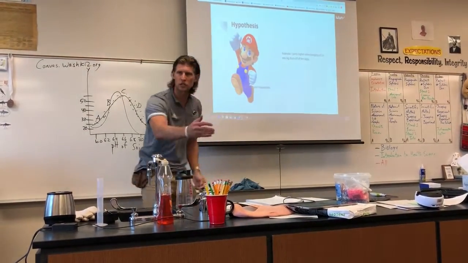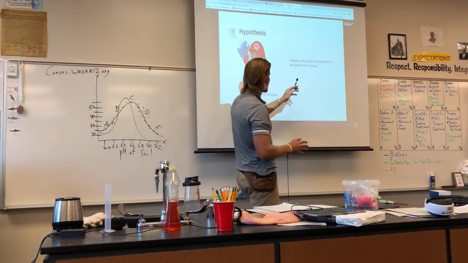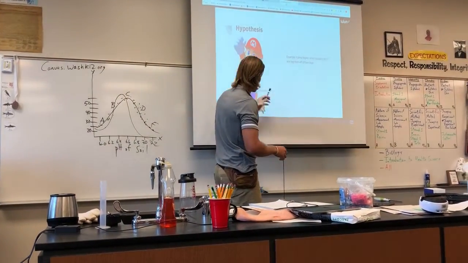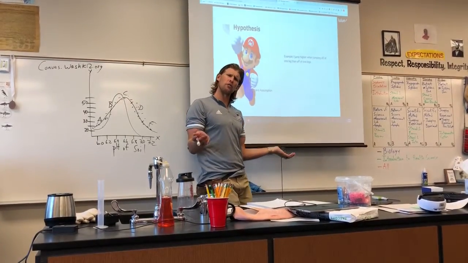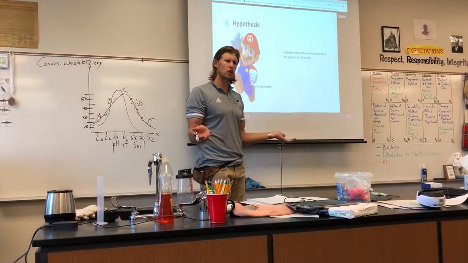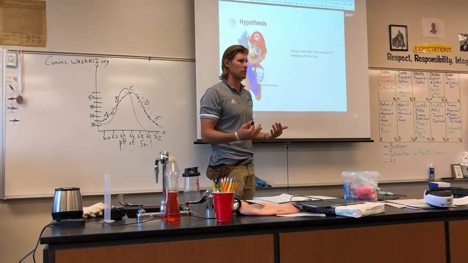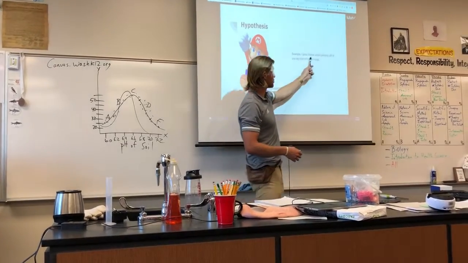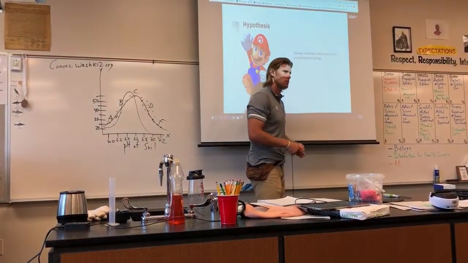You have research now, so I'm like, okay, I think that I'll jump higher off of 2 legs than 1. Now, with that hypothesis, instead of saying I think, or if I jump off of 1 leg, I won't jump as high as when I jump off of 2 legs, it's not if, it's when. So, I jump higher when jumping off of 1 leg than off of 2 legs.